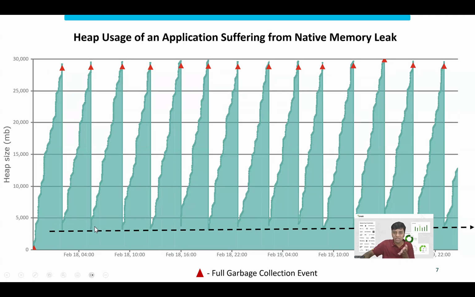If you see all the bottom points, if I put a line connecting all the bottom points, you look at this black dotted arrow, it's going at 0 degrees. So when a native memory leak is happening, you will not see any aberrations, any degradation in the heap memory. It will look as if everything is good, right? Okay.